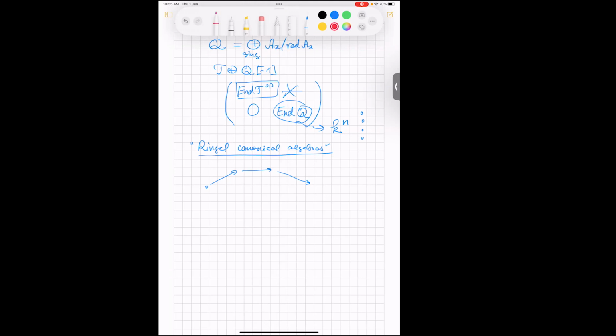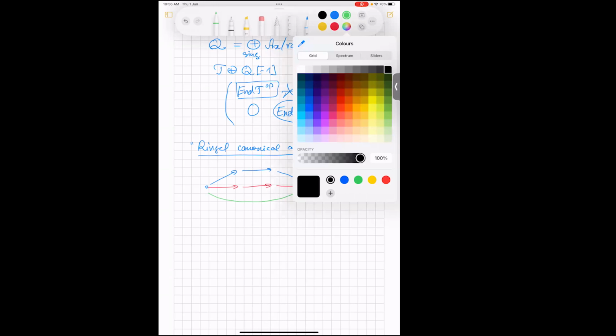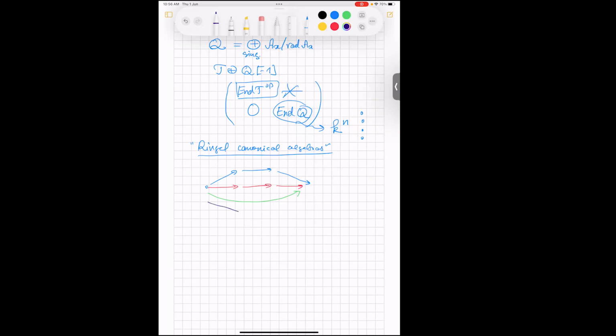I will write them in different colors. For the sake of simplicity, I will write some of these paths in this way. Any number, and with relations.